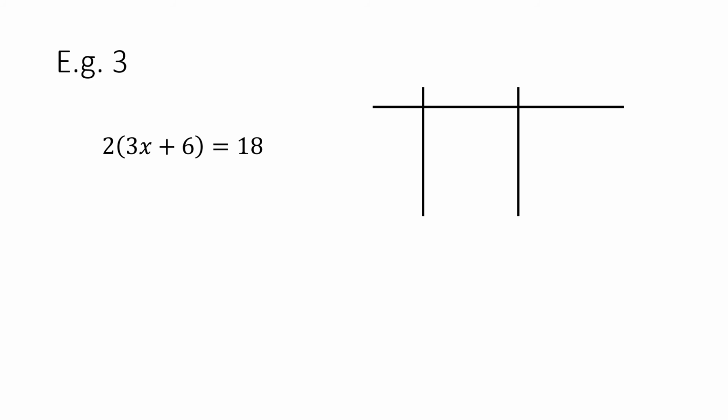Okay, so I'm going to use my grid method to multiply out my brackets. I have 2 lots of 3x plus 6. If I've got 2 lots of 3x, that will give me 6x. And if I've got 2 lots of 6, that will give me 12. So I'm left with an equation which is 6x plus 12 is equal to 18.